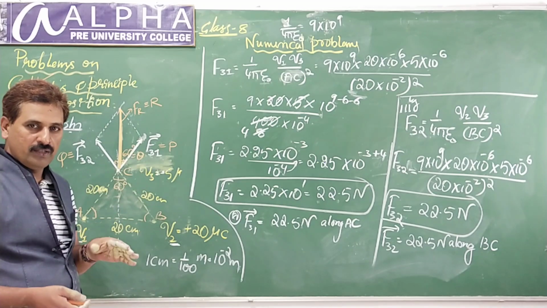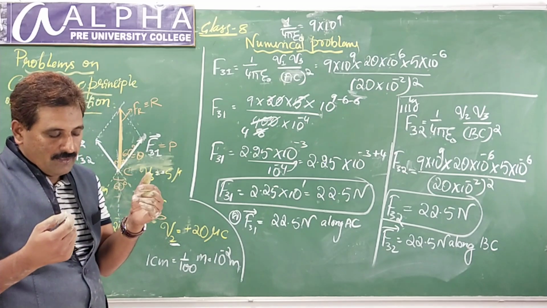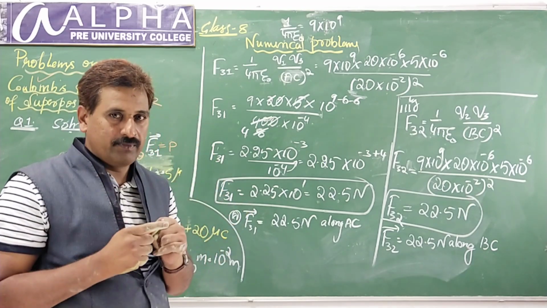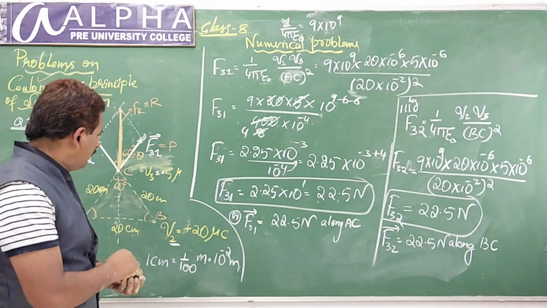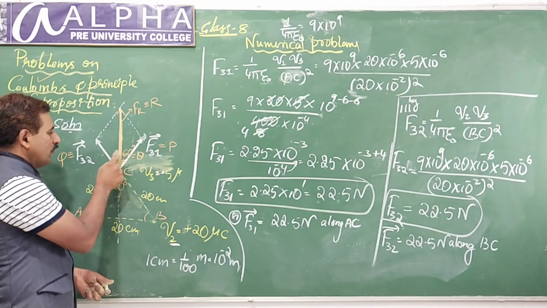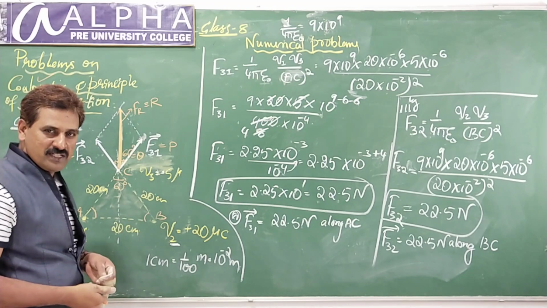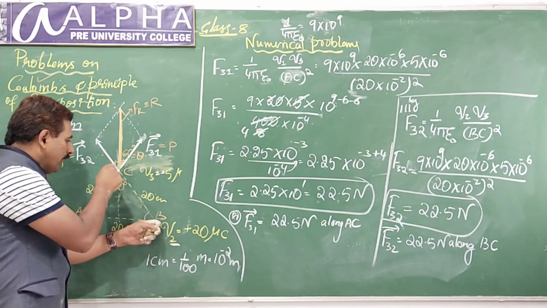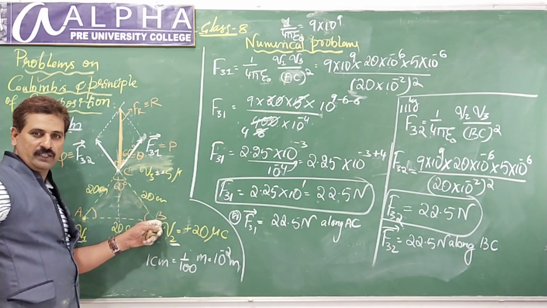Before I move on, just to memorize this. By applying the principle of superposition, you are finding the resultant. The resultant is a single force which produces the same effect as that of the given forces. Why this situation, friends? There are two charges applying force on one charge, that is Q3.